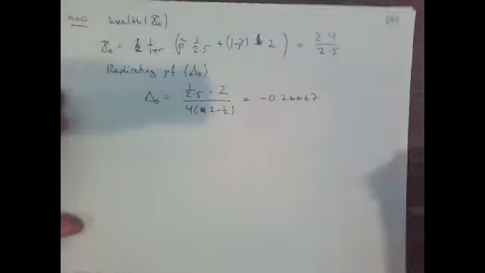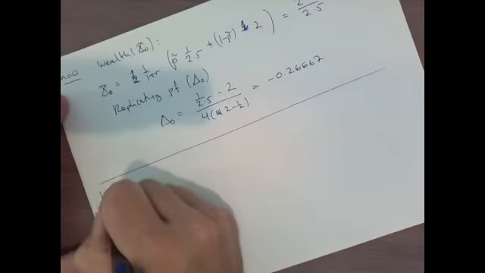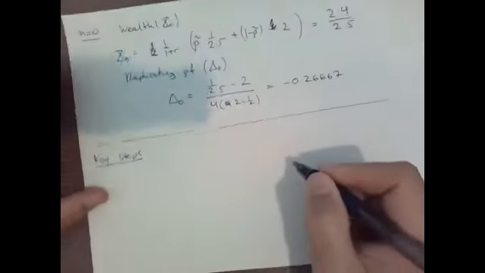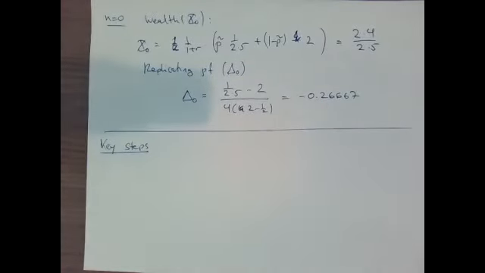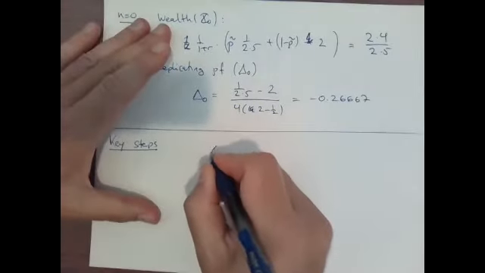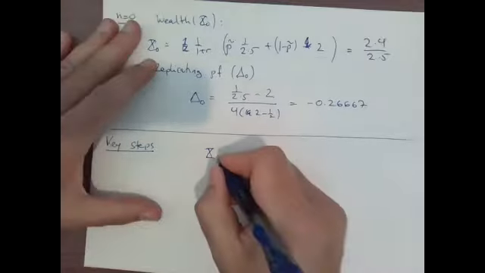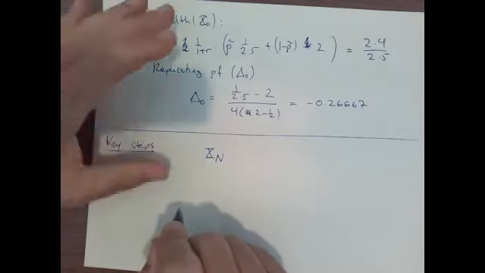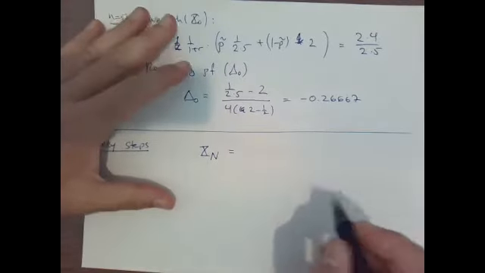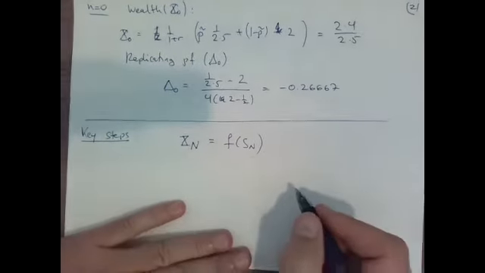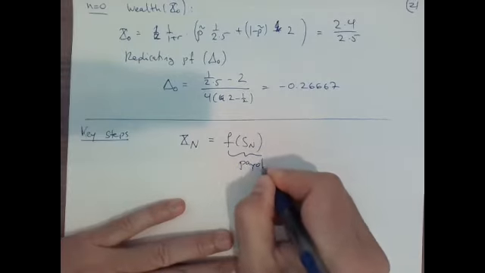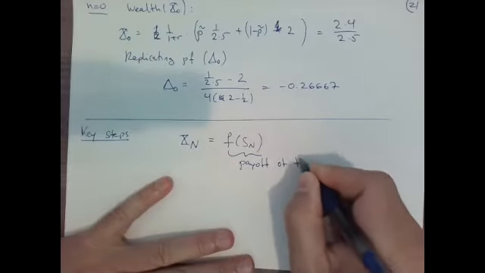But the key insight is, key steps. You're looking at, say, if you're in a multi-period model with n periods, what you want to have happen is you want to have a wealth process such that at the end you replicate the payoff of the derivative.